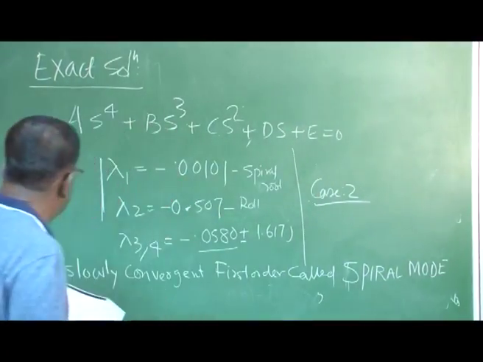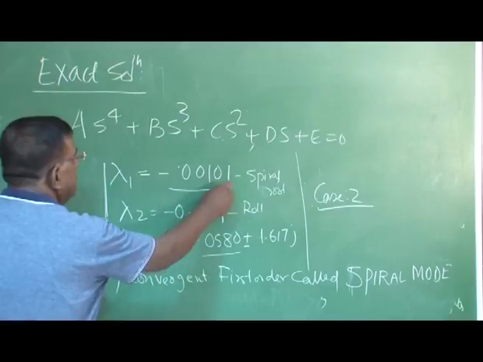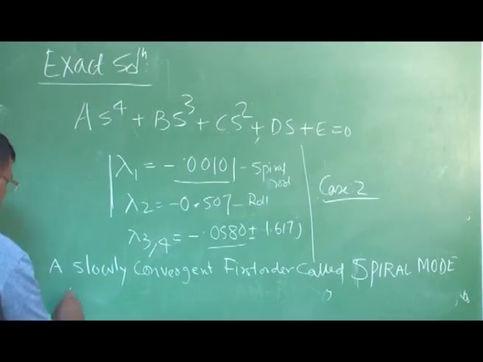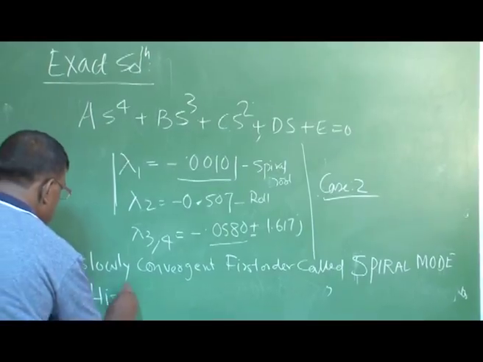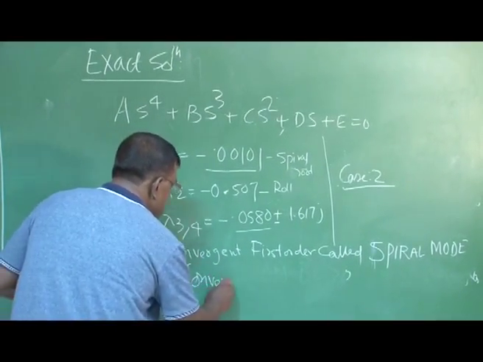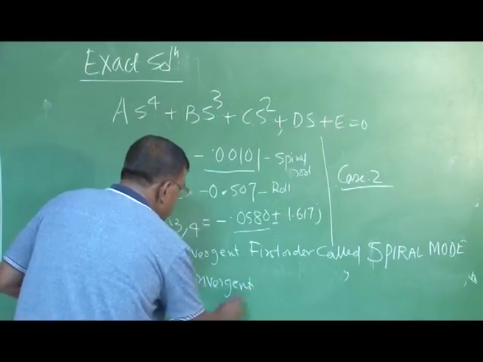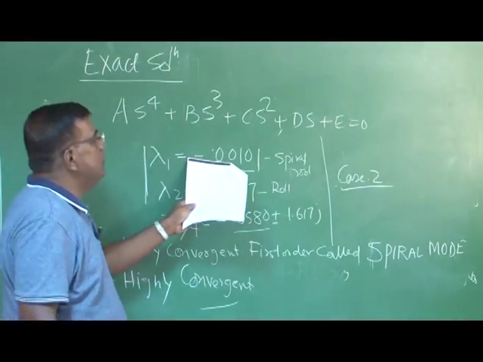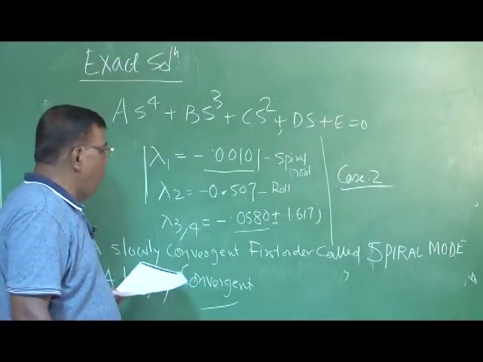That is the lambda 1, weak. Lambda 2 will say a highly convergent. Why convergent? Because negative. This was also convergent, but the value was so less that it is slowly convergent.